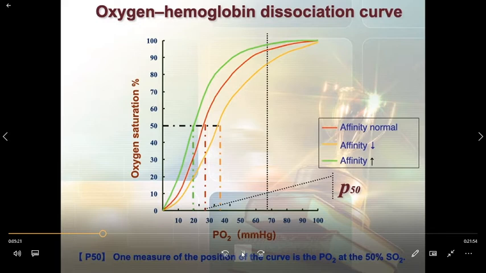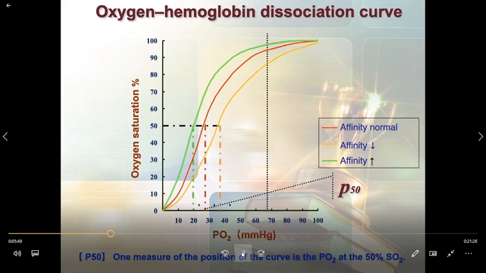Yes, it is. Why? Because we are taking the oxygen to the tissues to supply oxygen for the tissues to use. If they cannot be dissociated, then the oxygen won't stay in the tissue. It will be flown away with blood circulation.